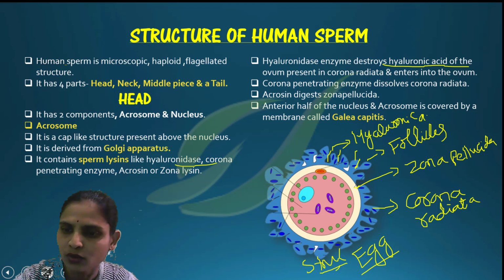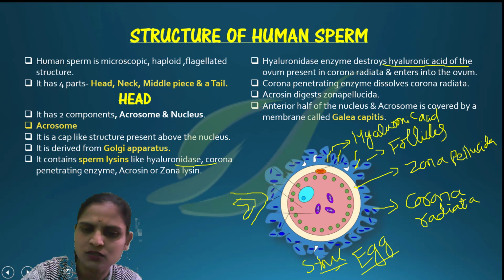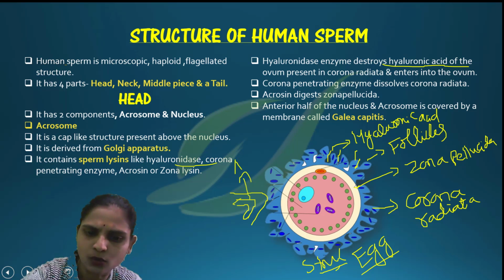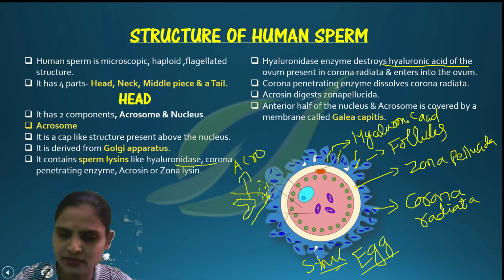Now as the sperm just touches the egg, enzymes will be released from the acrosome. The first enzyme is hyaluronidase.